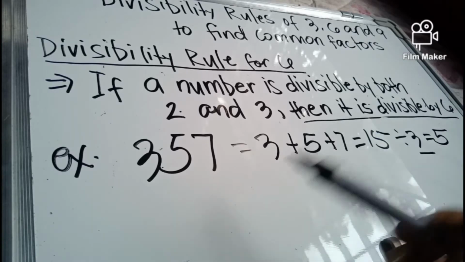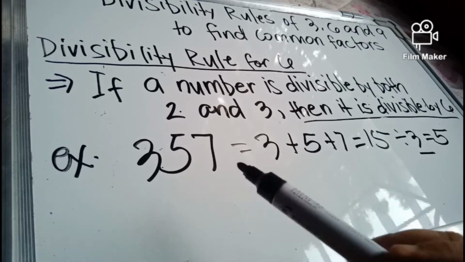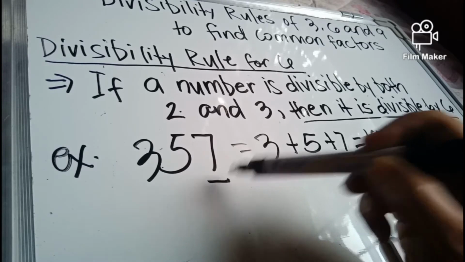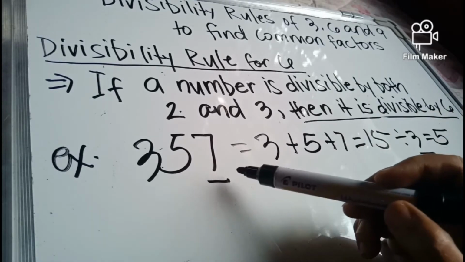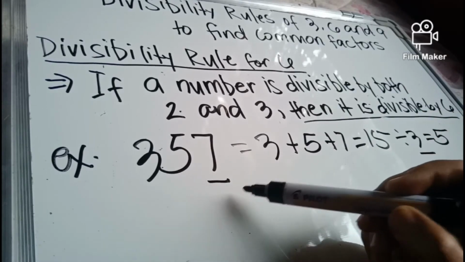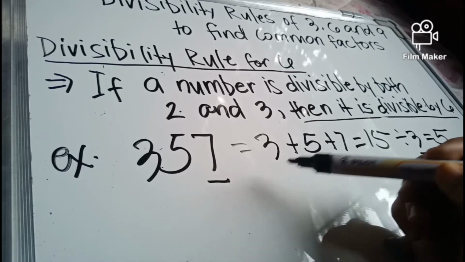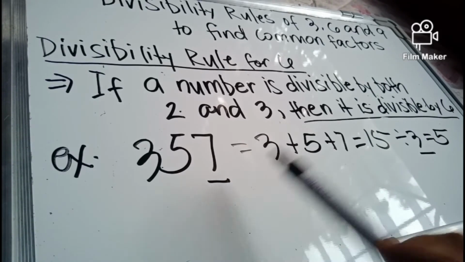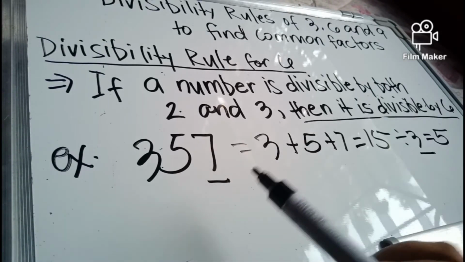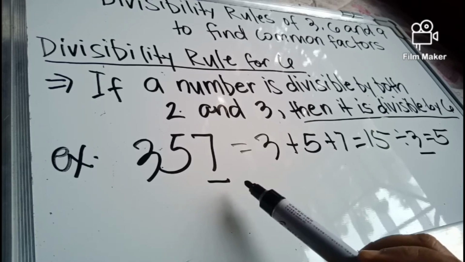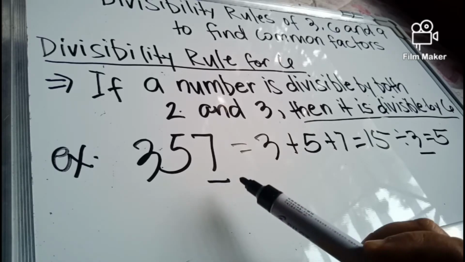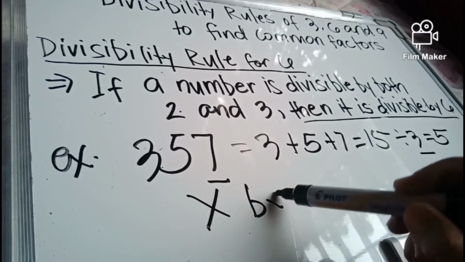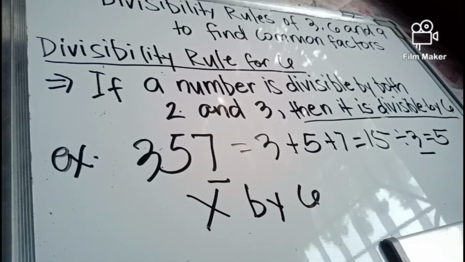Pero, sa nakikita natin, yung ending ng number na 357 ay 7. It is an odd number. Therefore, this is not divisible by 2. So, dahil ang 357 ay divisible by 3 but not divisible by 2, therefore, 357 is not divisible by 6.